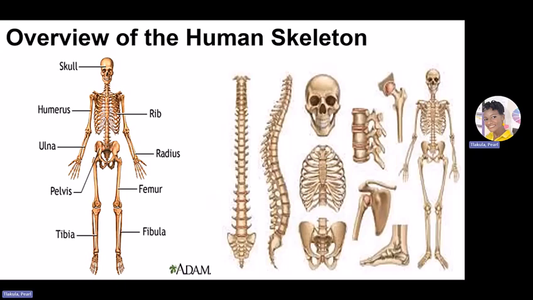Let's do a recap of the entire human skeleton. Now that you know the bones, we have the first one there on the head. We call it the skull. And then we have the rib, we have the pelvis, and then on the rib we have the bones that make up the hand. The upper bone is called the humerus.